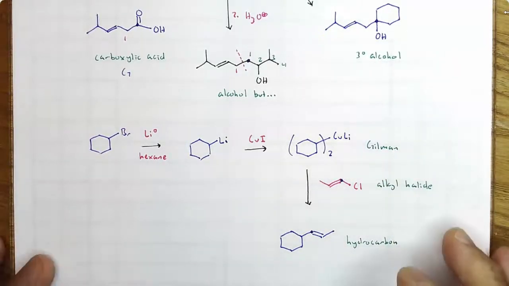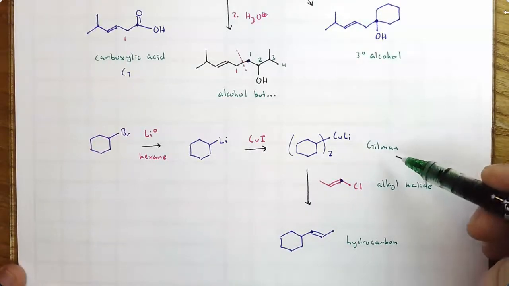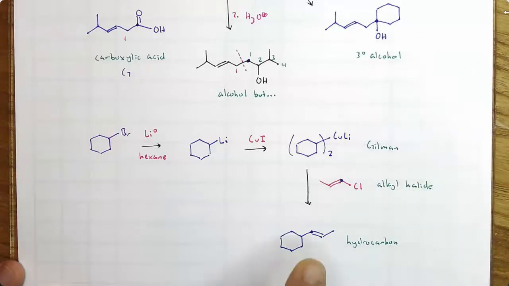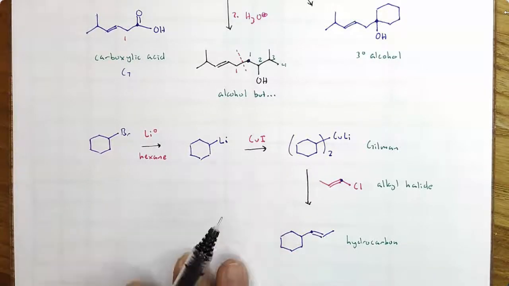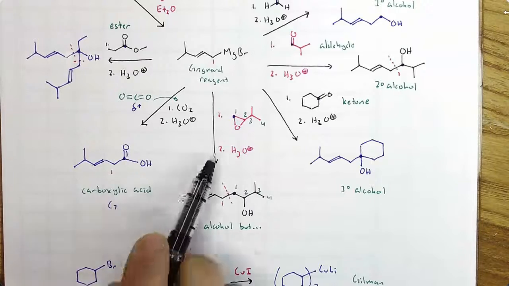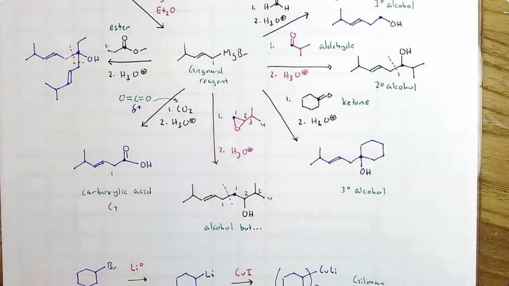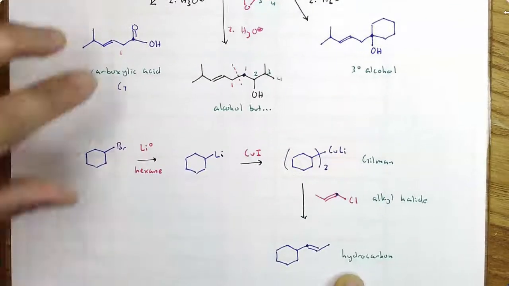Give that a go. See if reactions are a little bit more easily recalled if you learn them with the categorized classes of molecules. Hydrocarbon. Now, true, this is an organometallic, so you could imagine that it could also react with any of these. But the utility of the Gilman typically is to make a hydrocarbon.